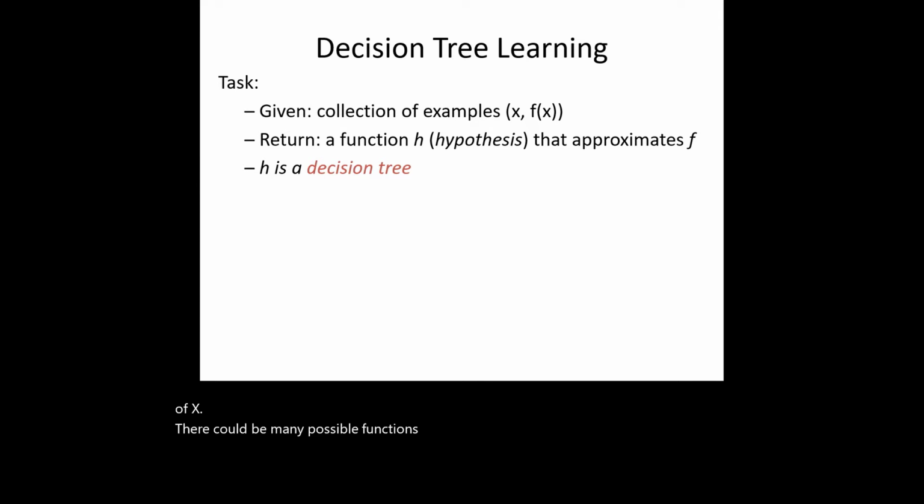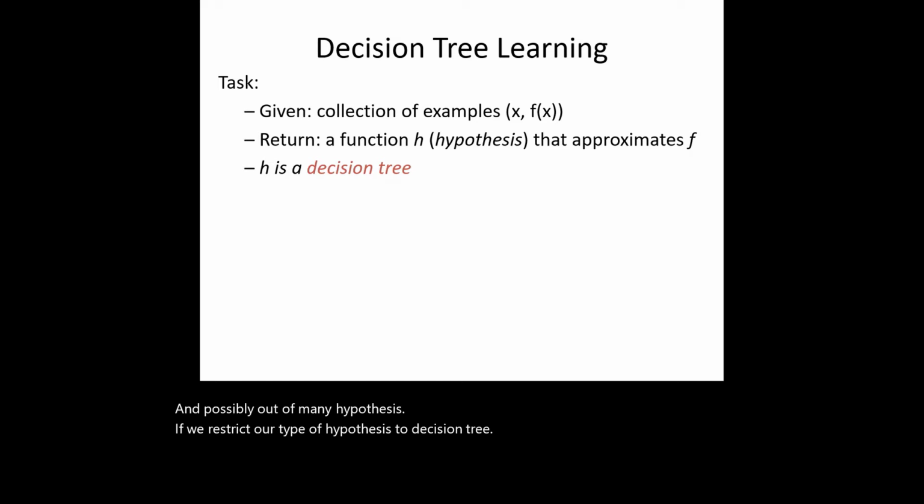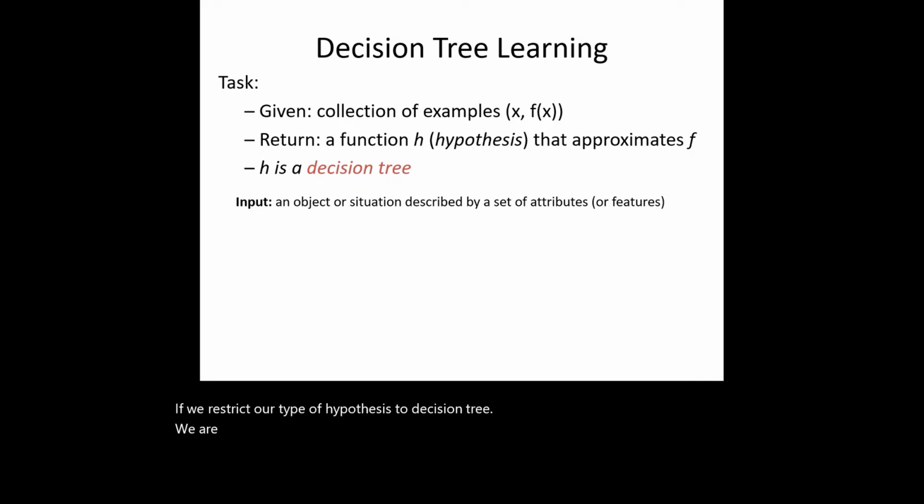We refer to them as hypotheses as well. And out of many hypotheses, if we restrict our type of hypothesis to decision trees, we are going to find the best decision tree that can provide this function, this hypothesis.